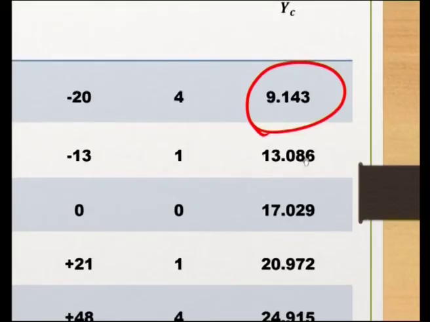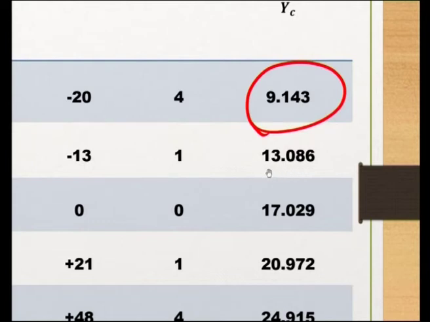Likewise, all the values are calculated. 13.086 is the value corresponding to the year 2006, wherein x value is -1. Substitute x is equal to -1 in the trend equation. The y is equal to 17.029 plus 3.943 into -1. X is -1, right?